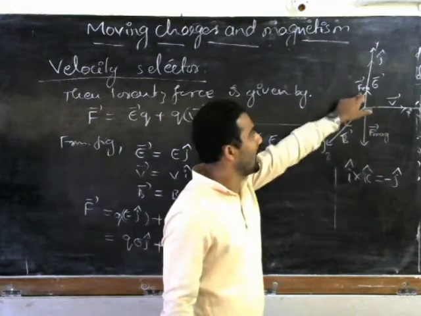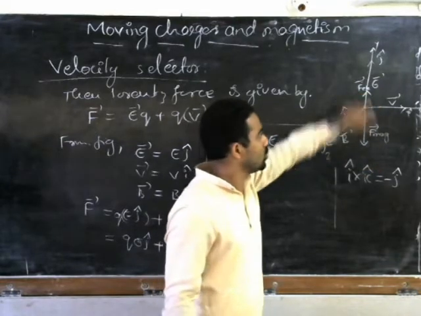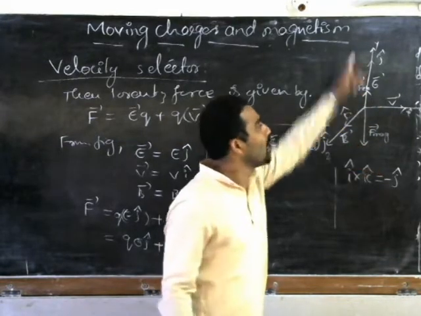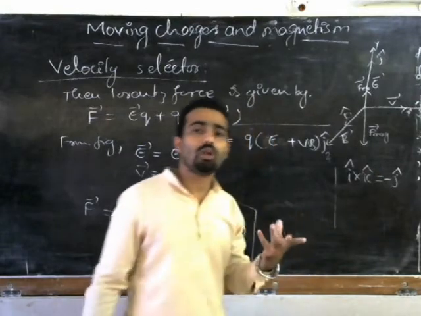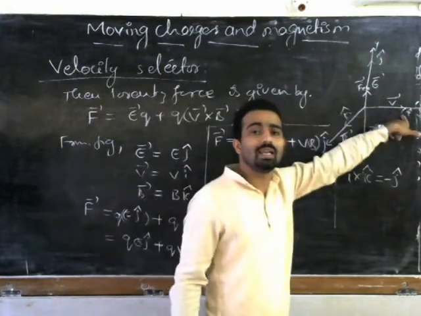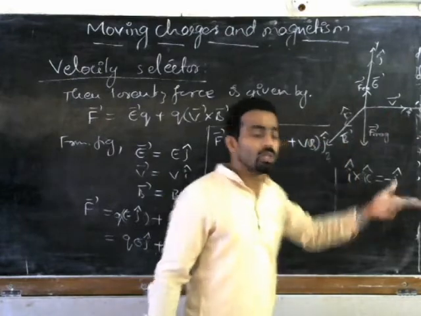If the two values are equal and they are in opposite directions, then the total force acting on this charged particle will be equal to 0.